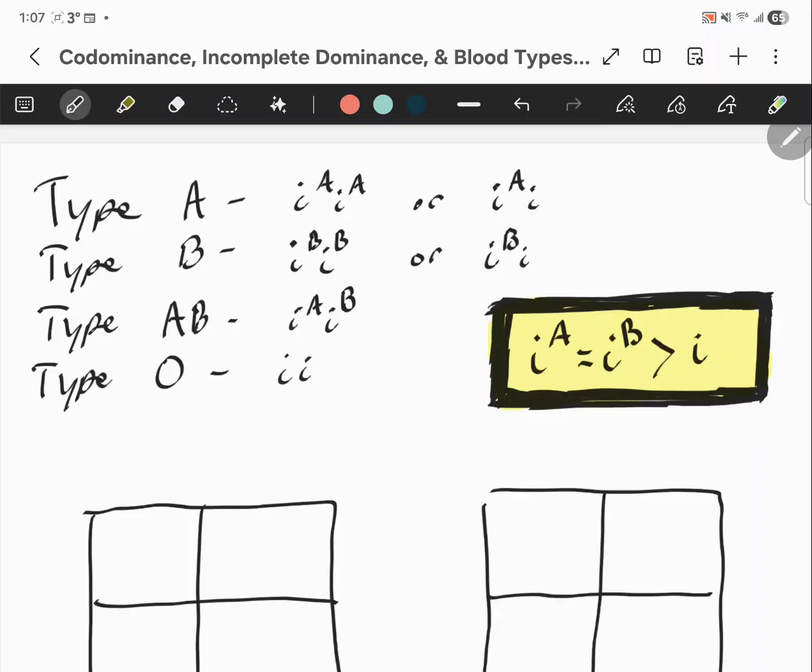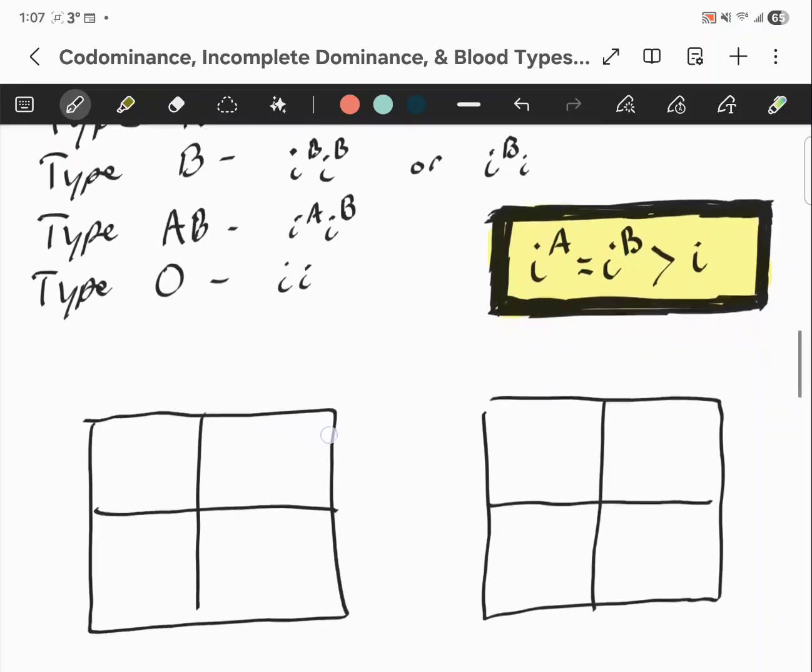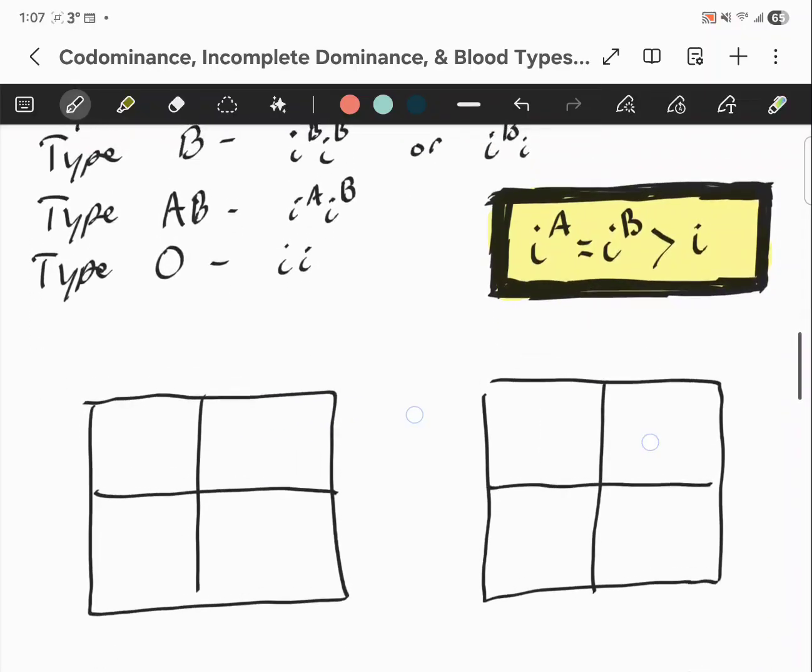So let's do a couple of examples of some blood type crossing using Punnett squares. If somebody with type A blood falls in love, gets married, and has kids with somebody who has type B blood, and both people are homozygous for these blood types, well, I don't even need to do the Punnett square.